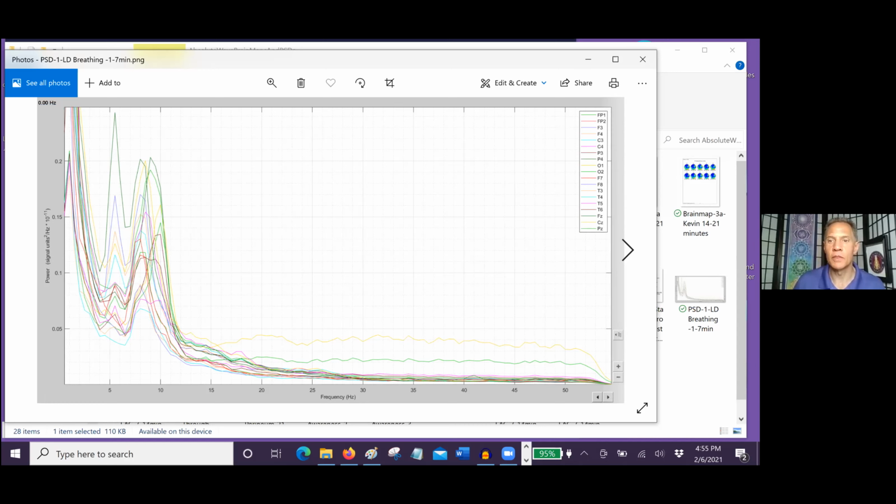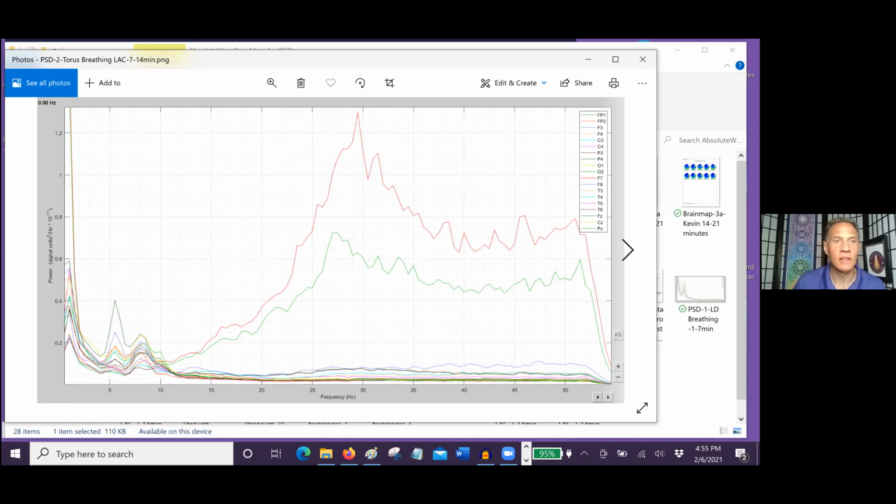All right, so let's just go through and we'll take a look at each of these. Okay, now here, it looks pretty dramatic here. This is the light above the crown section. And here you still see the delta, theta, and low alpha here, but you see this apparent huge ocean of, let me move that.